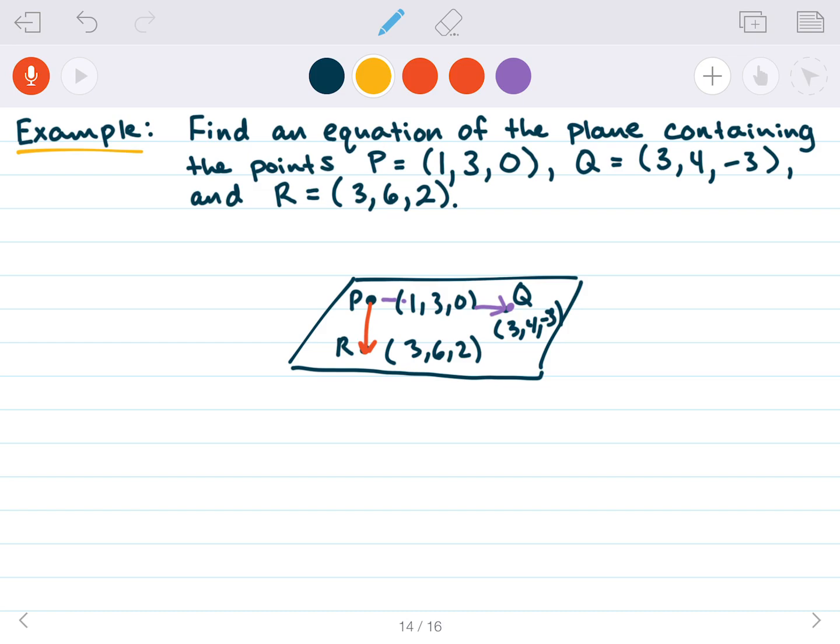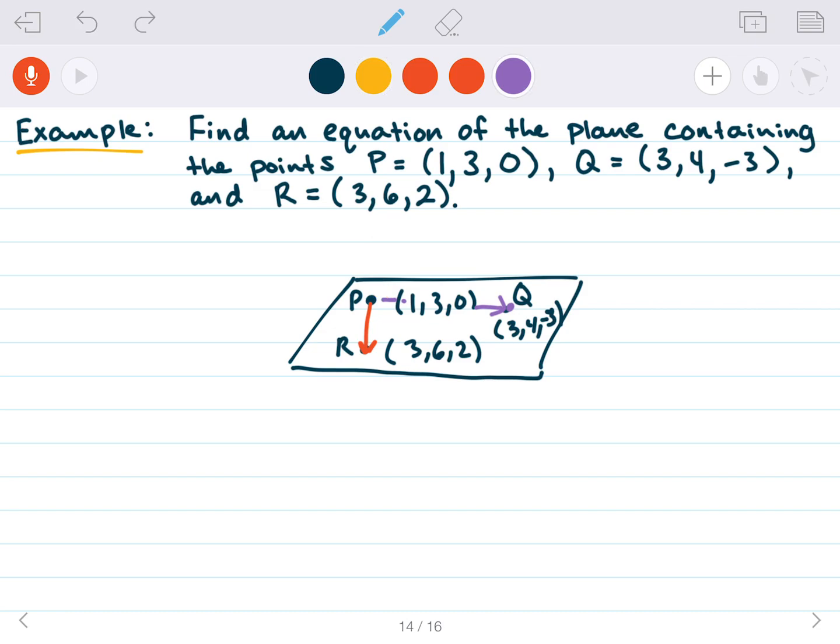That's going to give me the normal vector, because it's going to be perpendicular to this vector PQ right here, and also perpendicular to any other displacement vector on this plane. Okay, so let's go ahead and figure this out.